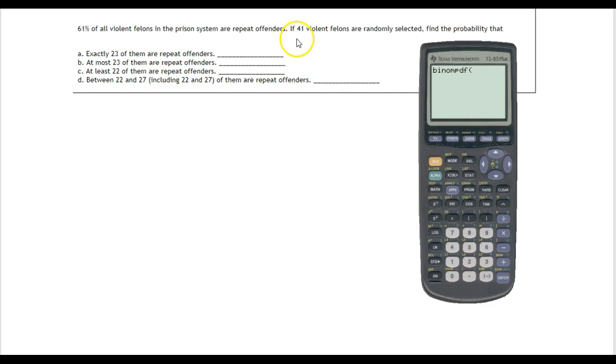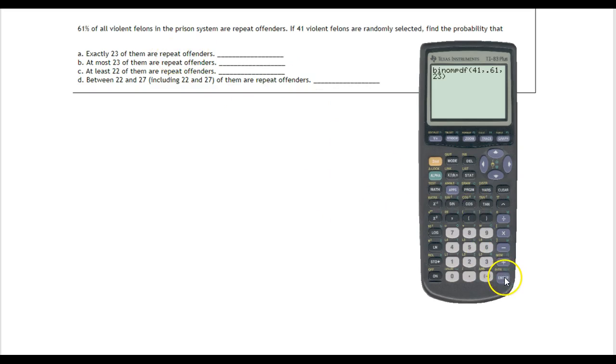So N, and we were told there were 41 selected altogether. So 41, that's my N, that's the sample we're looking at. And then the probability is 0.61. And we want to know exactly 23. So what's the probability that exactly 23 of those are repeat offenders?